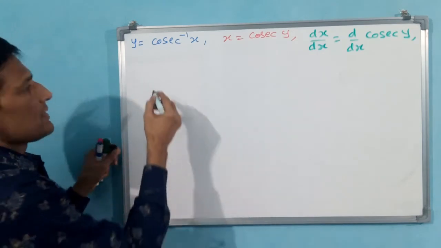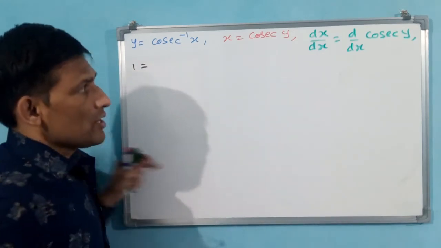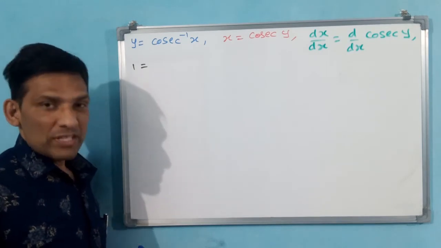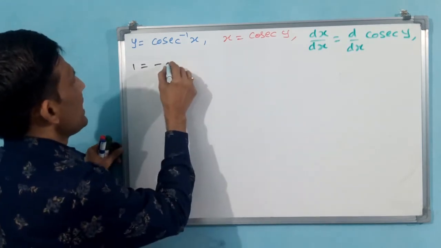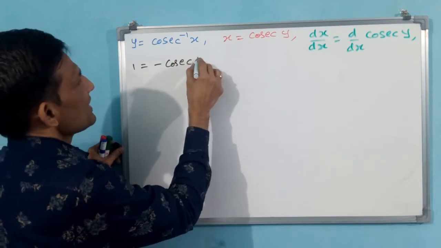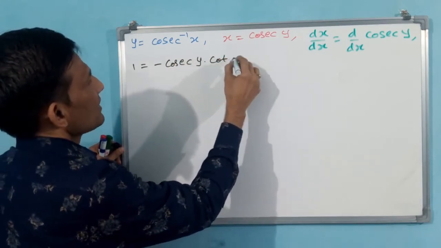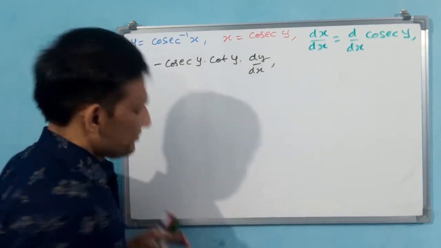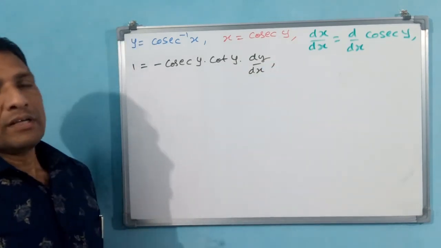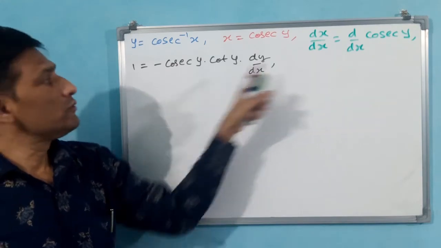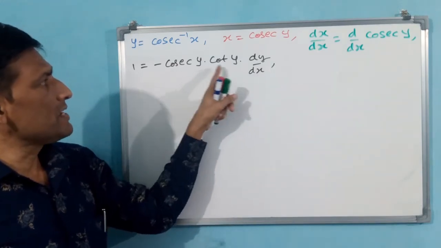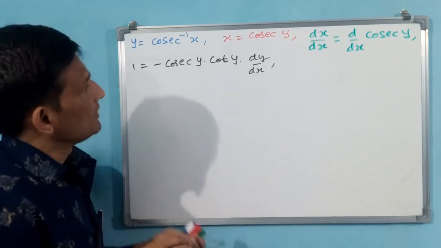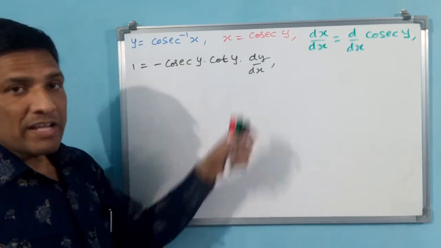Now d by dx of x is 1. d by dx of cosecant y is minus cosecant y cot y into dy by dx. Is it correct? First you see, d by dx of cosecant x is equal to minus cosecant x cot x, but y is there, so you have to write y. Now I want dy by dx only.